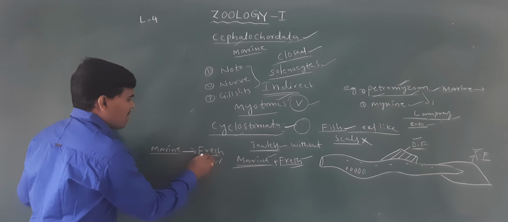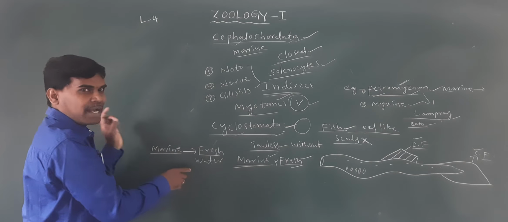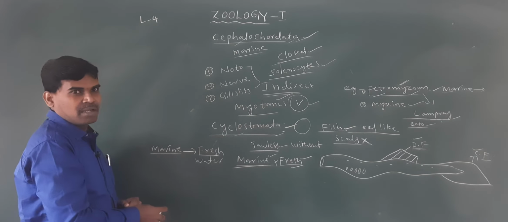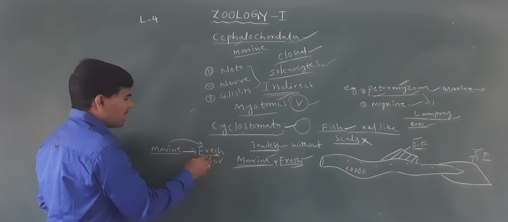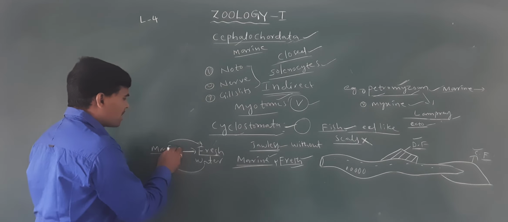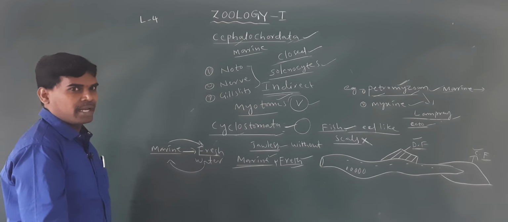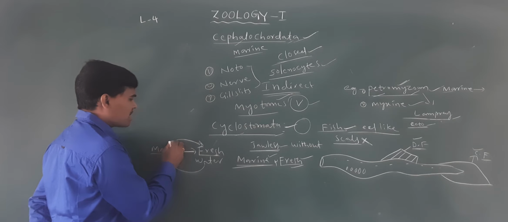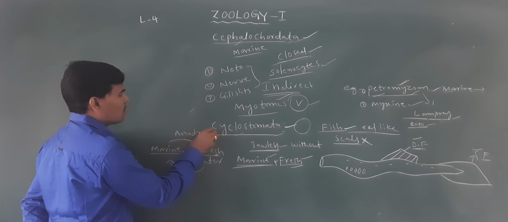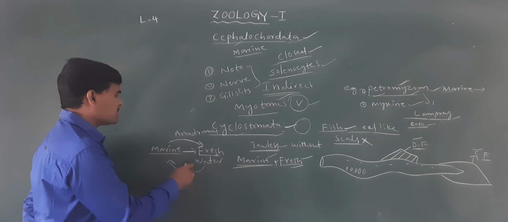Some fishes, and also birds, migrate. Fishes have two types of migration: marine water to fresh water, and fresh water to marine water. So for the Petromyzon, moving from marine water to fresh water, which type of migration is this? Can anyone answer? Yes, anadromous migration.